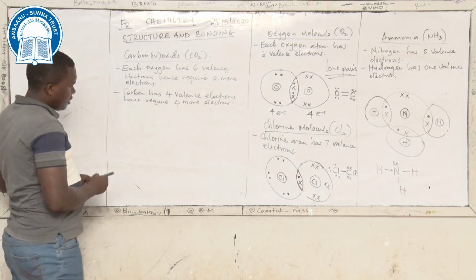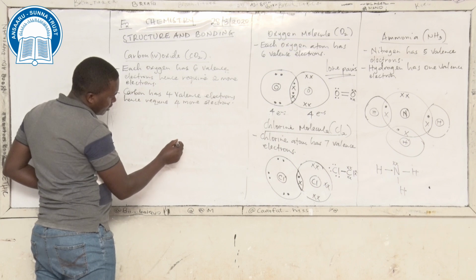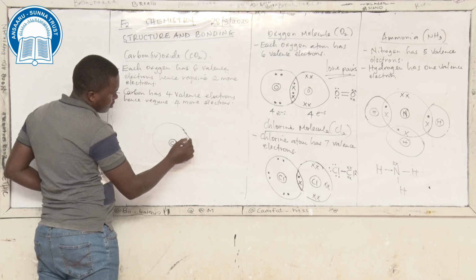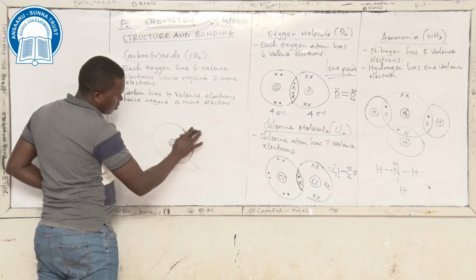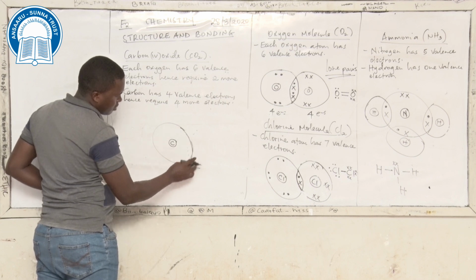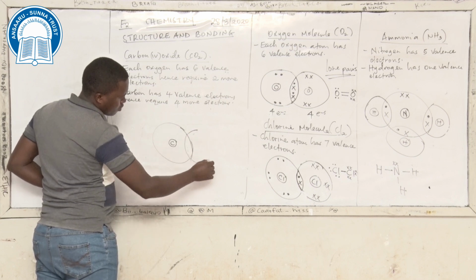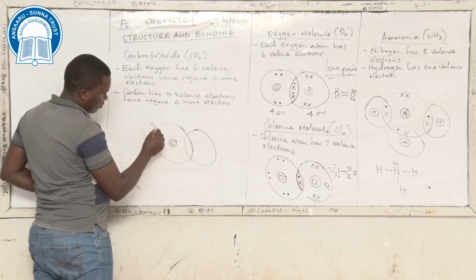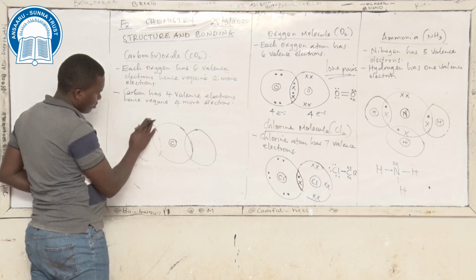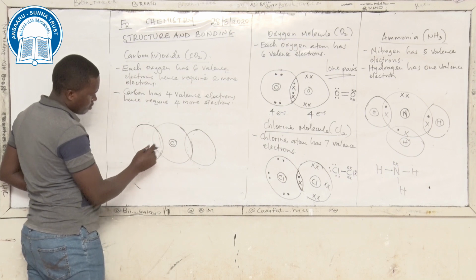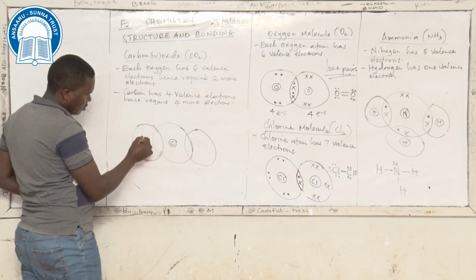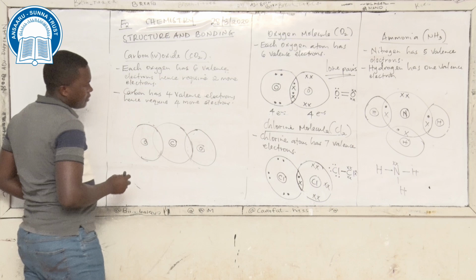And therefore, the CO2 structure: we have the oxygen and another oxygen on the other hand.